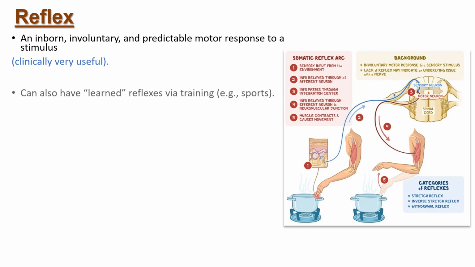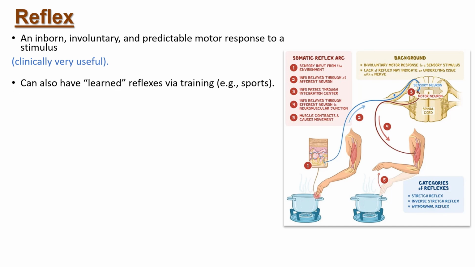Now, not all quote-unquote reflexes are inborn. There are ones that are learned, cerebellar type reflexes. A great example of this was a former university president that I worked with, who talked about going to a haunted house that they were having on campus at the time.